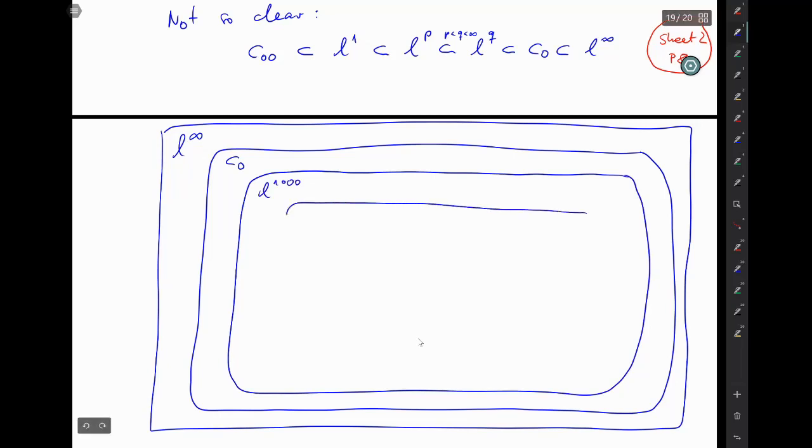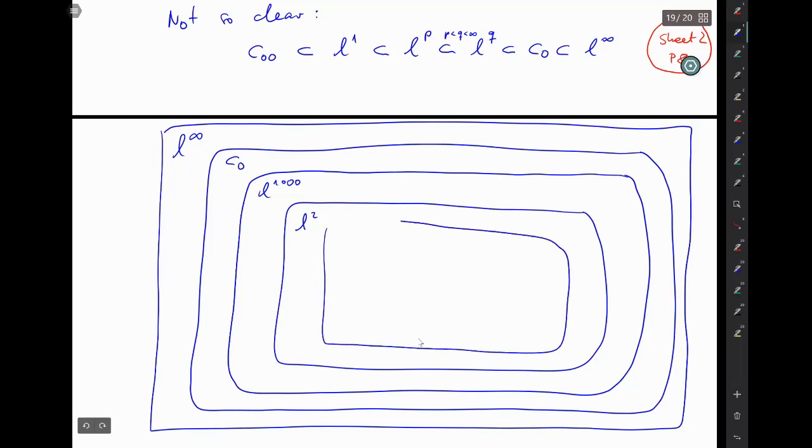So there is L2 and L1, and then here this tiny thing inside is C00. The sequences that only have finitely many non-zero entries, and then the rest is all zeros.